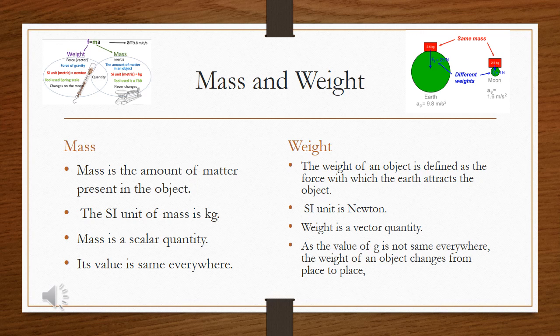Okay, now weight changes from place to place, because we can observe that the weight of the same object on the moon and on the earth is different, or the weight of an object at a pole and at the equator is also different. But the mass never changes, its value is the same everywhere. So we can differentiate between the mass and weight quantities.